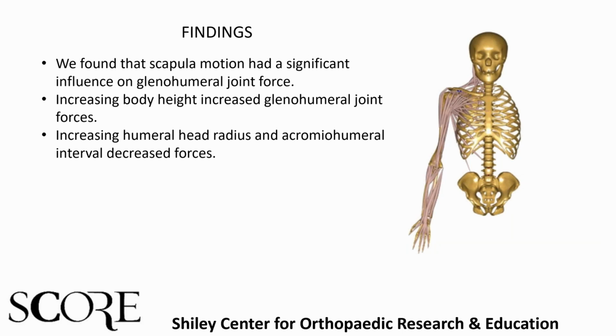This is more intuitive because with height, the limb lengths increase and the external moments increase. We also found that increasing humeral head radius and the acromiohumeral interval decreased forces. So there were some findings, but the most important finding is that scapula motion has a significant influence on glenohumeral joint force.